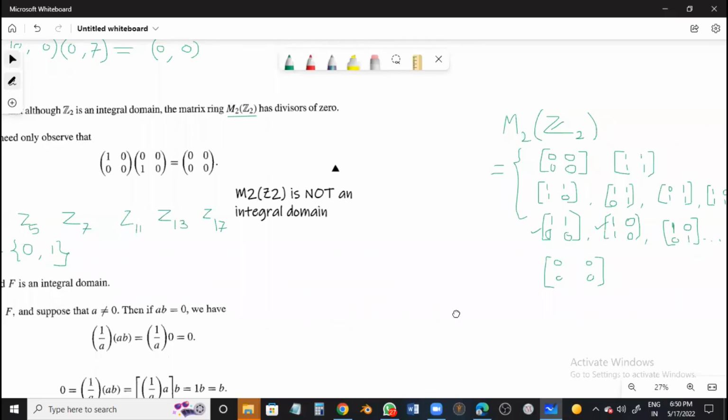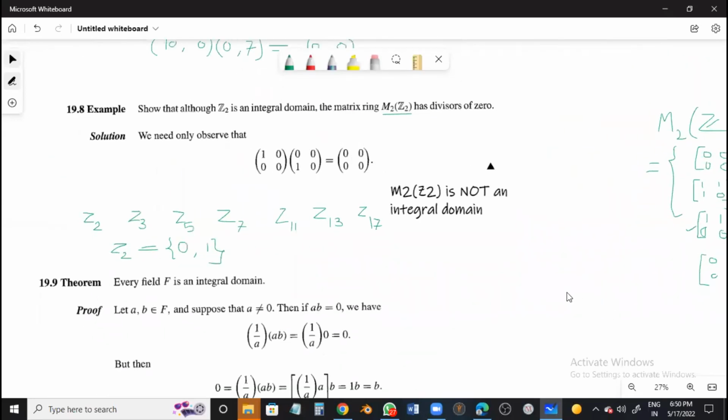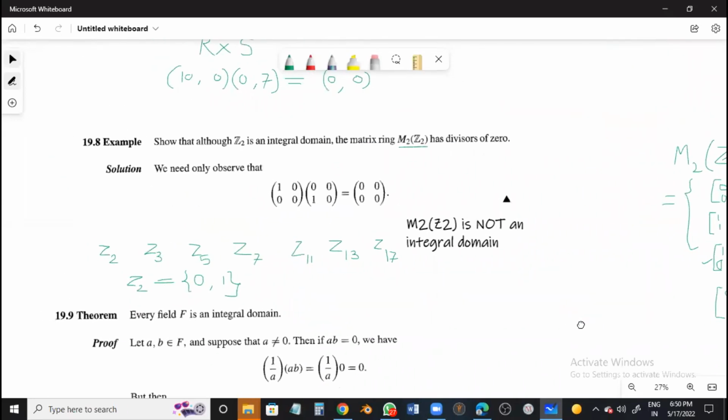Okay. So hope the concept of integral domain is somewhat now clear to you.